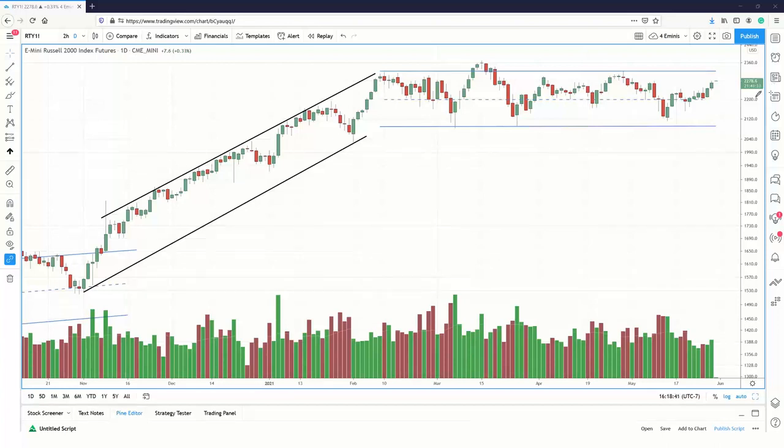Point and figure analysis, Wyckoff, Elliott, candlesticks, indicators and oscillators, momentum, seasonal analysis, cyclical analysis. There are so many ways a student can look at the market. So what I've done over the years is come up with a 1, 2, 3 punch or a 1, 2, 3, 4 punch that works for me.